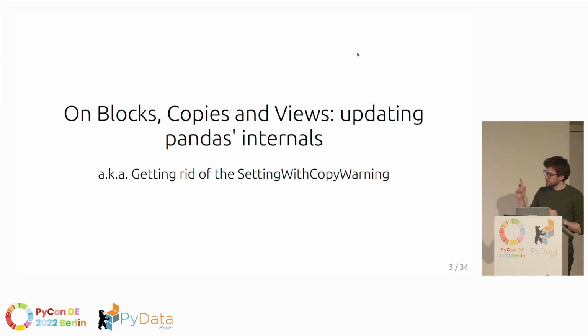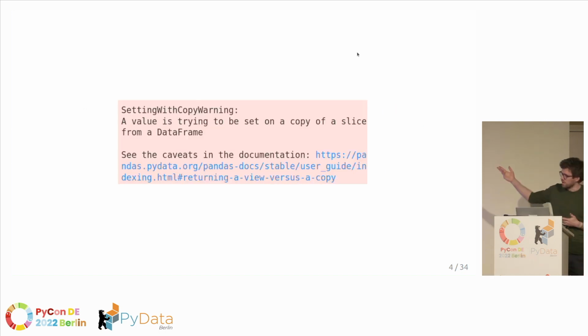So when it comes to copies and views, the easiest way to run into something related to that is with this warning. The SettingWithCopyWarning: a value is trying to be set on a copy of a slice from a DataFrame. Complicated sentence, but maybe quick show of hands.